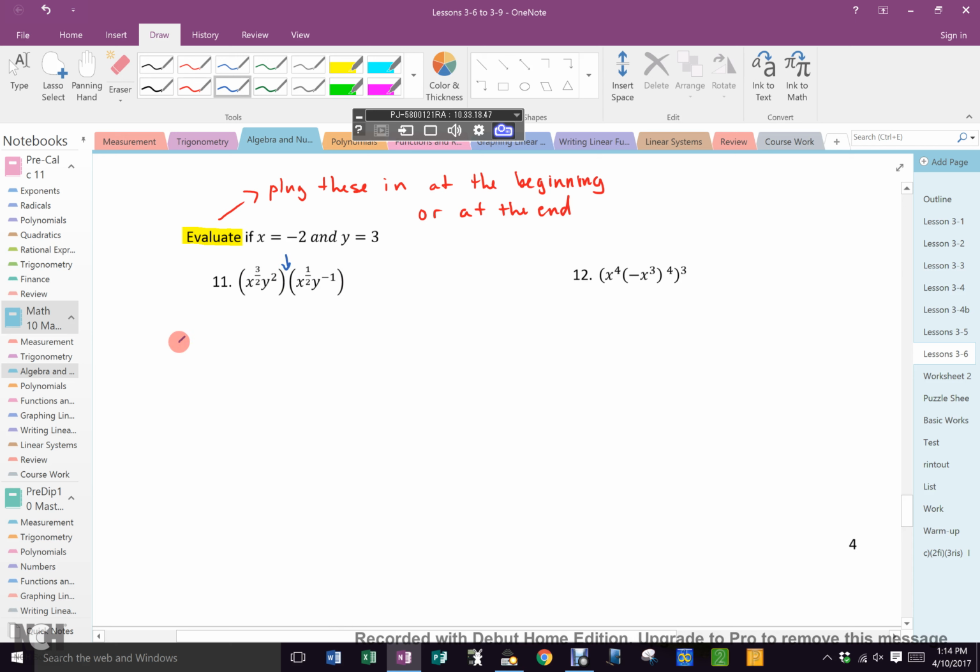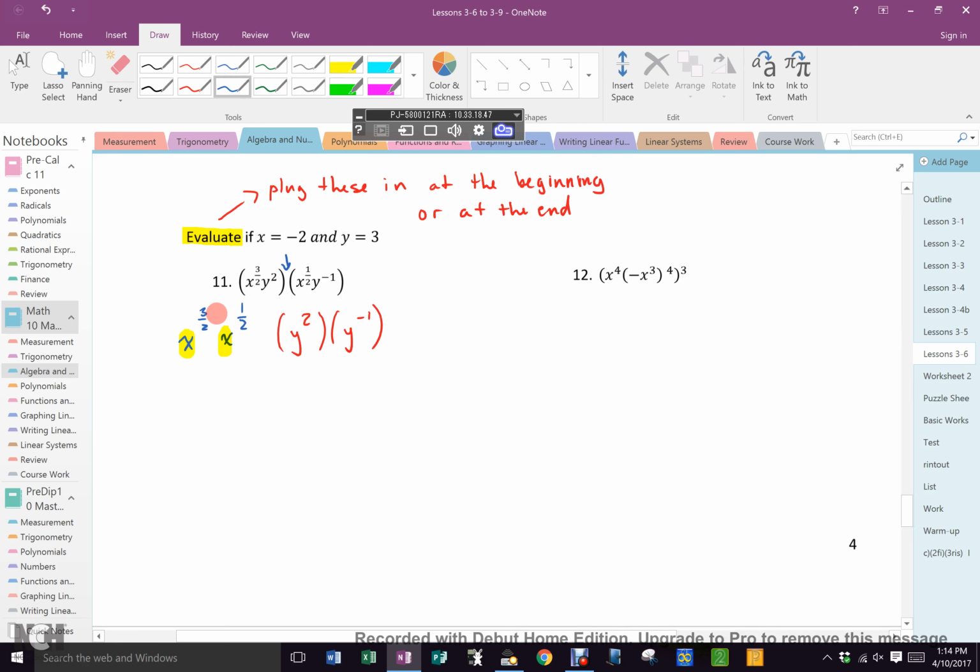Multiply. So I have x to the 3 halves, and it is multiplying by x to the 1/2, isn't it? Right? And I have y to the 2, which is multiplying by y to the -1, yes? What do you notice about these? They're the same base, which means there's a rule about it, isn't there?